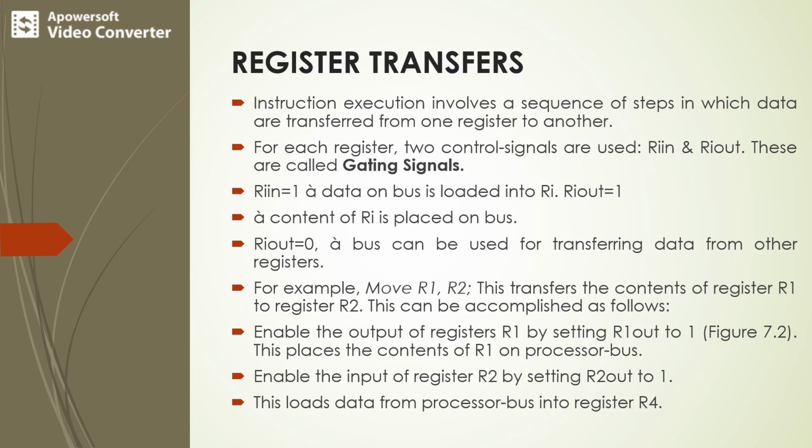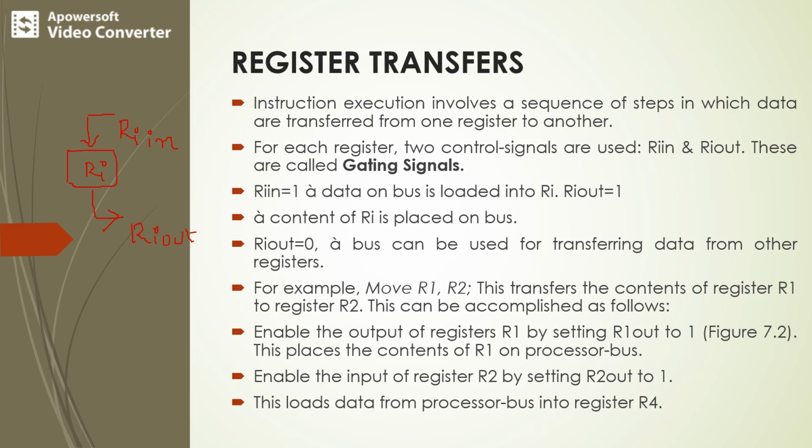For example, if I consider one register Ri, each register will have two gating signals, Ri in and Ri out. These special signals are called gating signals.